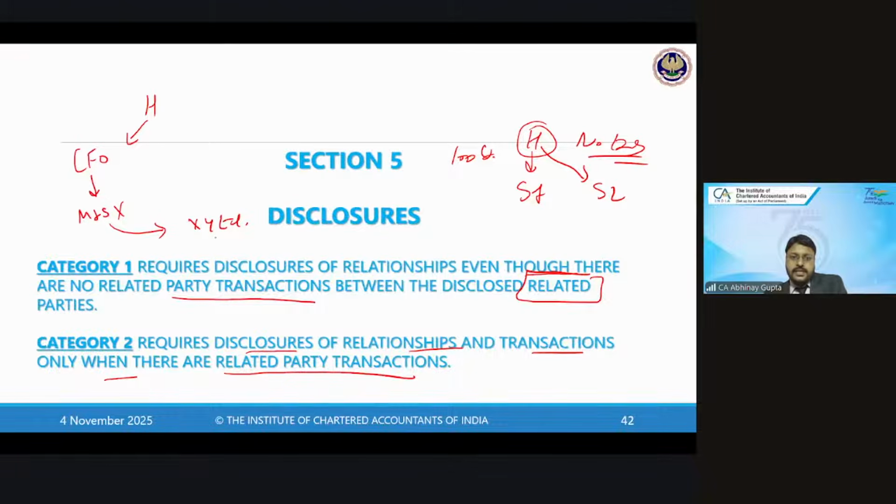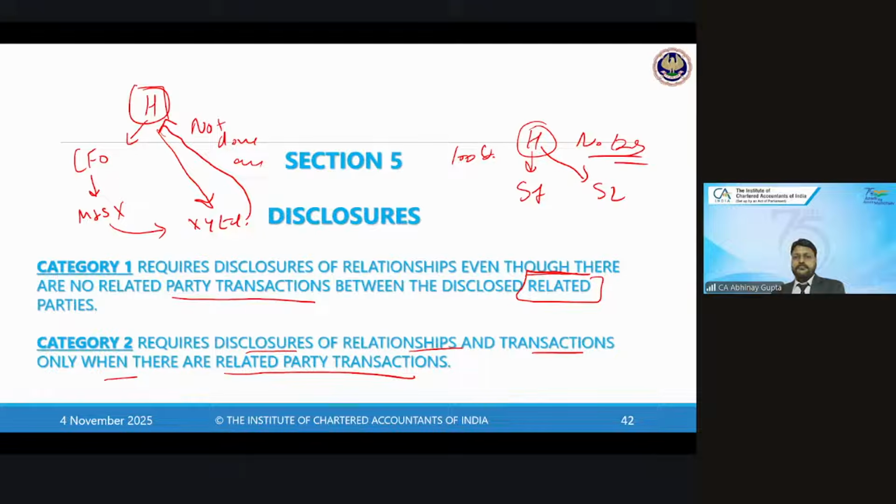And this XY Limited company is not doing a transaction with H Limited. Does H Limited need to disclose the name of XY Limited as a related party?